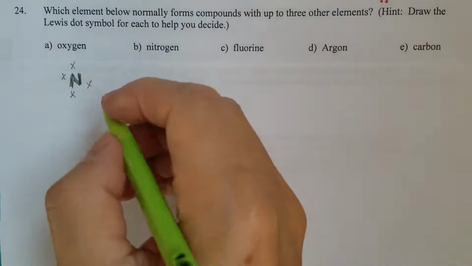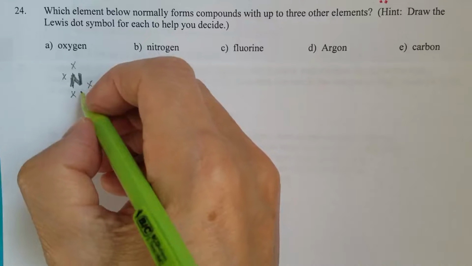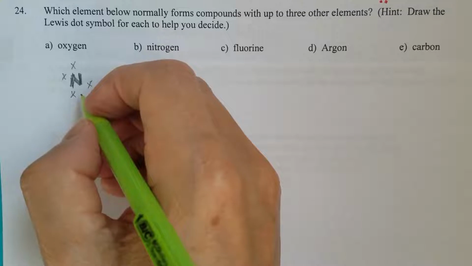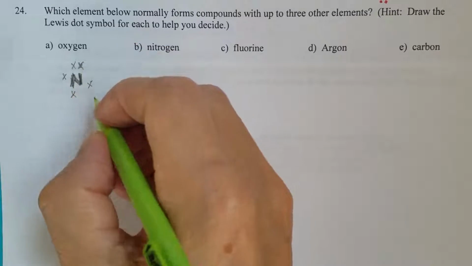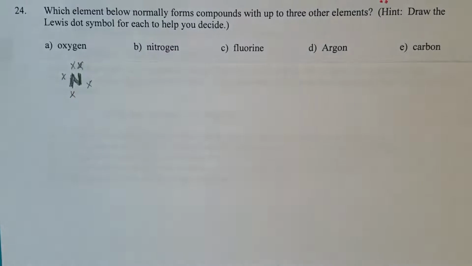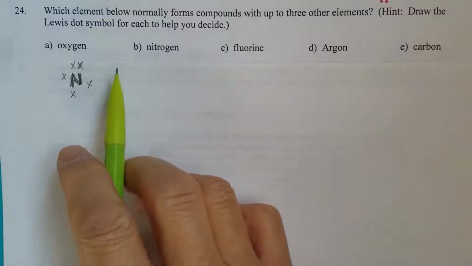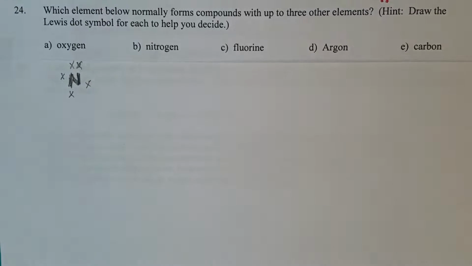And there's one more. You can place that anywhere else, so I will just place it here. That's a total of 5 valence electrons that belong to nitrogen.